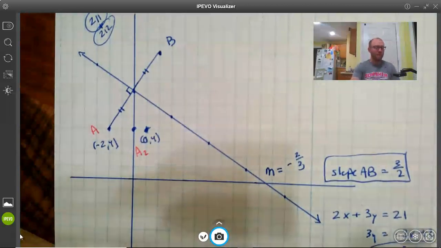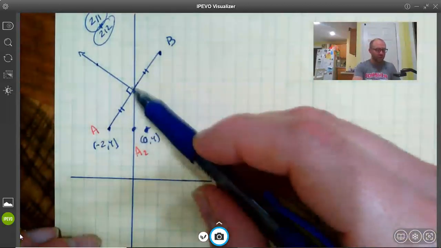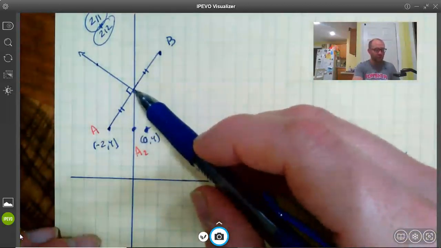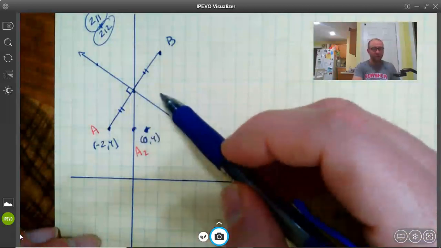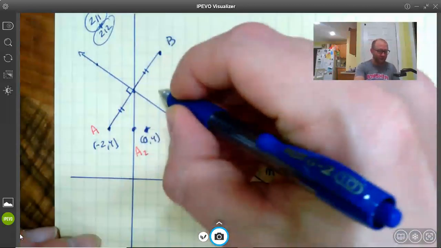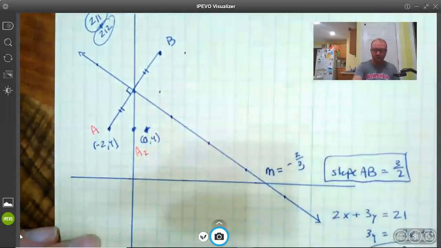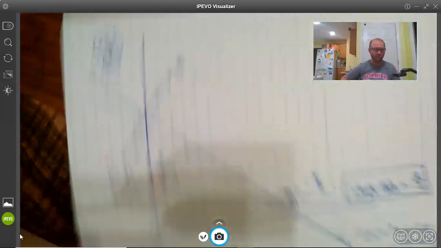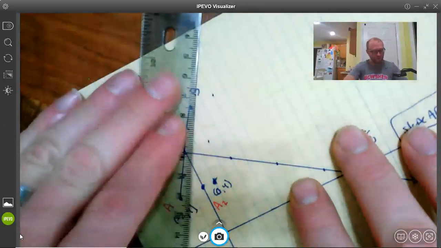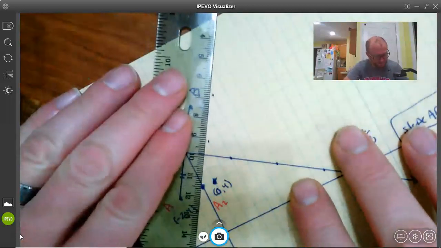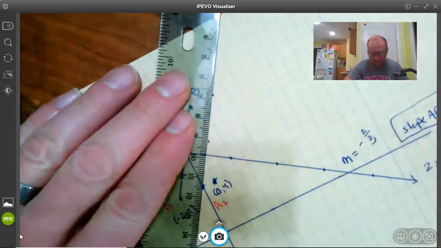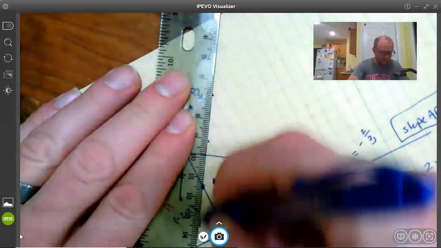Now the second point is a little trickier because if I go up 3 over 2, it carries me past the line over here. Here's another point. So if I were to connect these, cool. Okay.